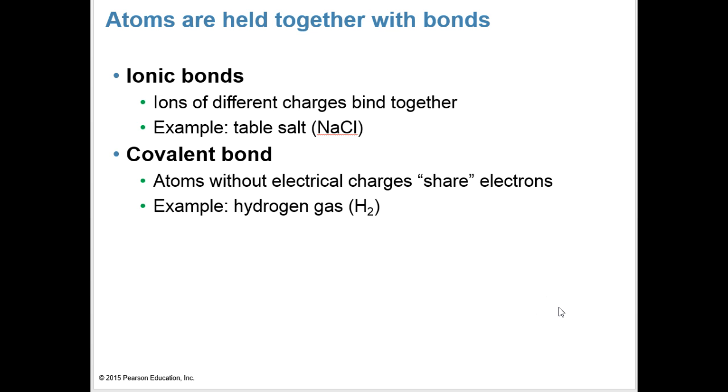As I said before, remember that atoms, though they might be neutral, are not necessarily stable. What they're looking for, again, is that they want their last energy level full. If they only have a first energy level, it only takes 2 electrons to fill that level.